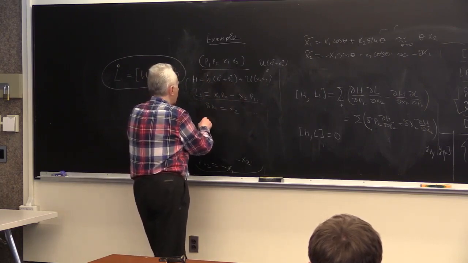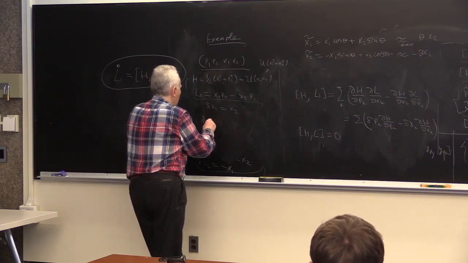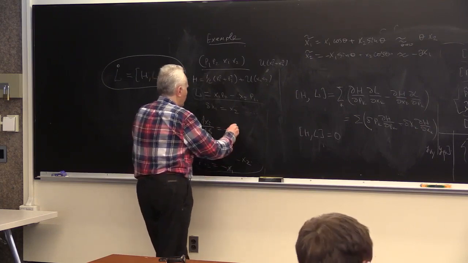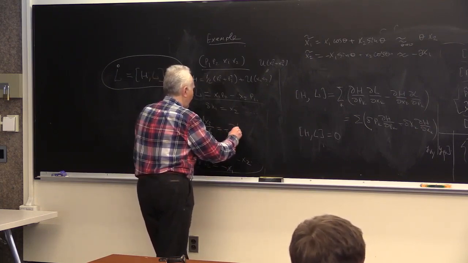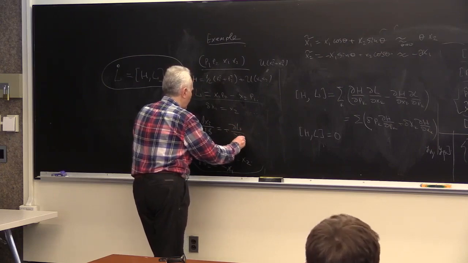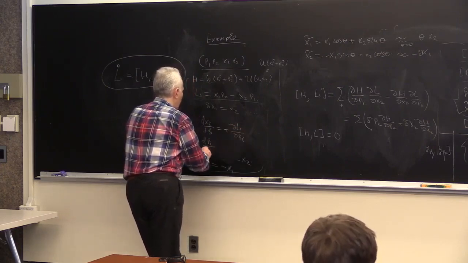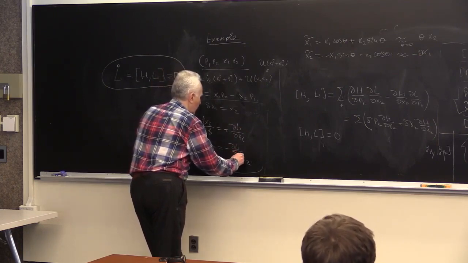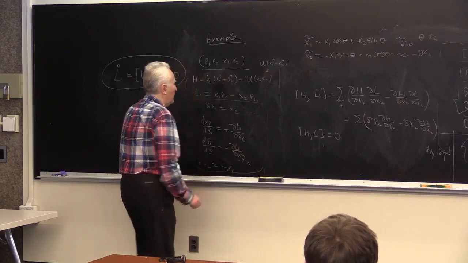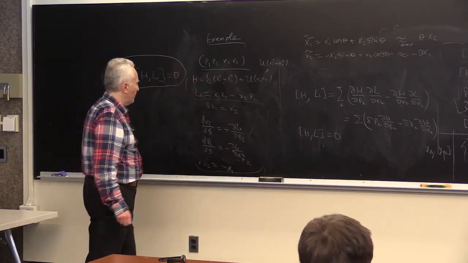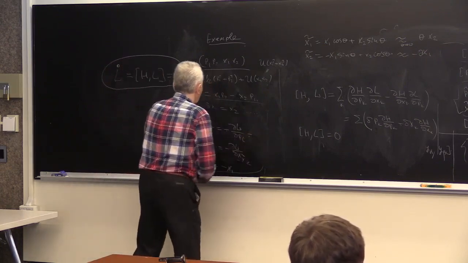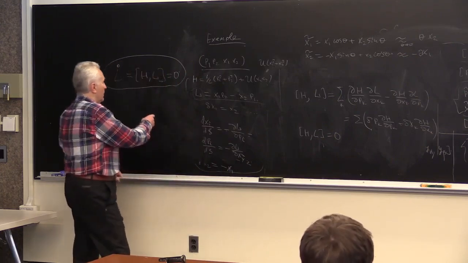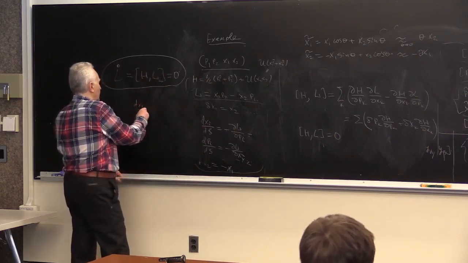Let's call it S. So let's suppose I write down the equation which is just the Hamilton equation, but I just pretend that this is a Hamiltonian. So to be concrete, let's write it down.